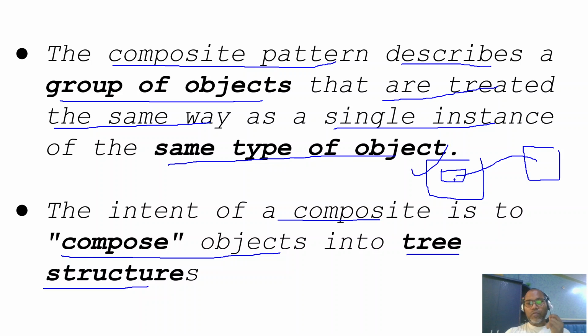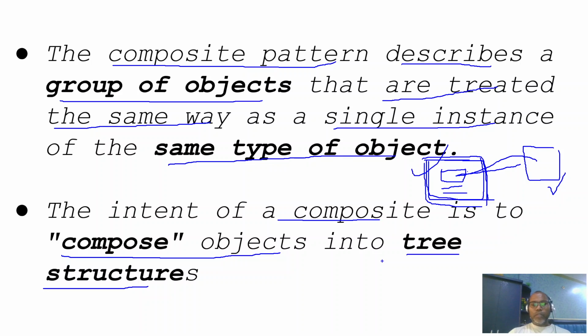Generally one class contains the reference of another class, maybe a has-a relationship. You are creating one object with the help of an existing object. This is the existing object, and you are creating a new object that has its own set of attributes, but also the existing one. So this is the composite object. Here you are creating a composite object, and this composite object makes a tree structure.